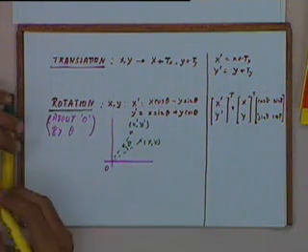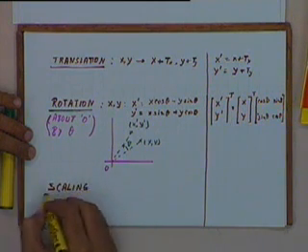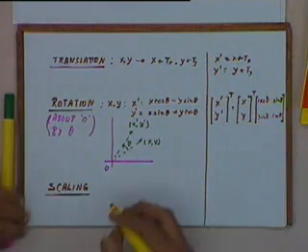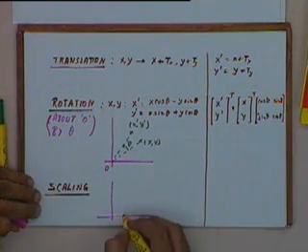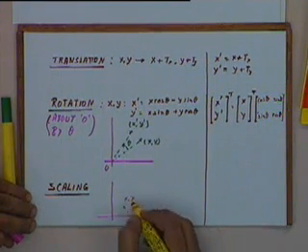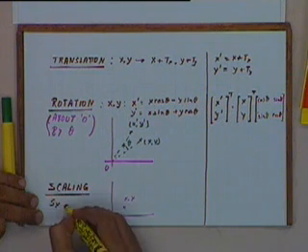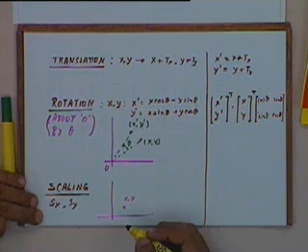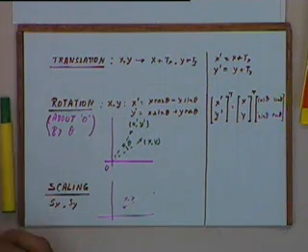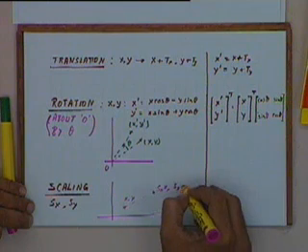Okay, the third case is scaling. How do we define scaling? If we have a point xy and we want to scale it by, let's say, Sx in the x direction and Sy in the y direction, this xy will get transformed to a point given by Sx multiplied by x comma Sy multiplied by y.